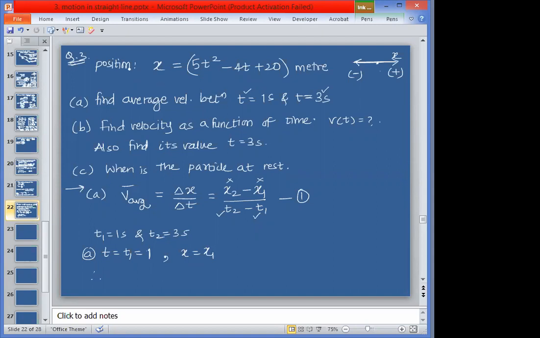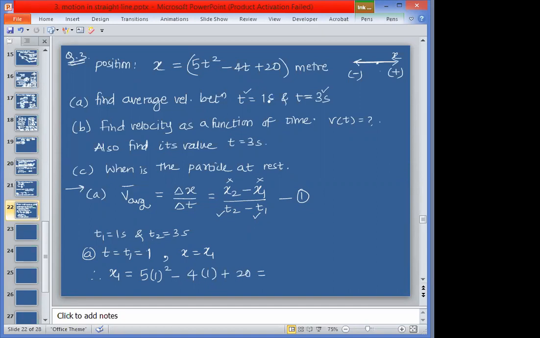Therefore, from this equation, instead of x write x1. Find the initial position: it is equal to 5 times the initial time, what was it? 1 second. Put here 1 second squared, minus 4 times the initial time 1, so put here 1, plus 20. Tell me what is the initial position. At time T1, what is T1? 1 second.